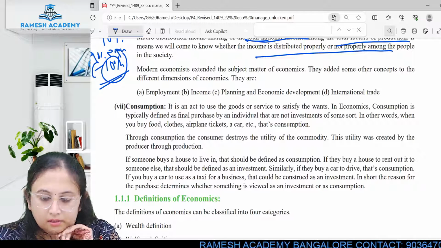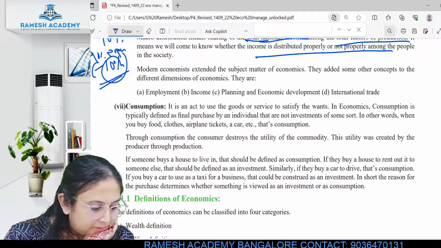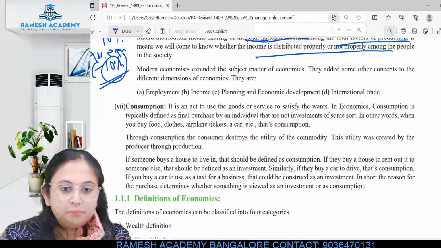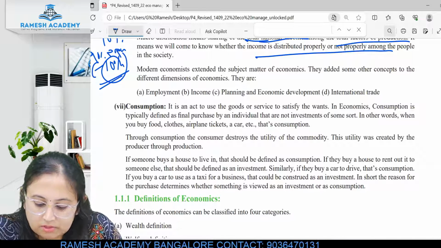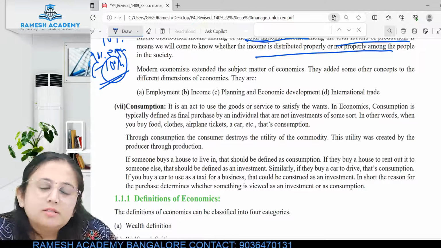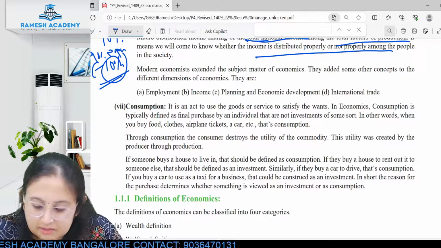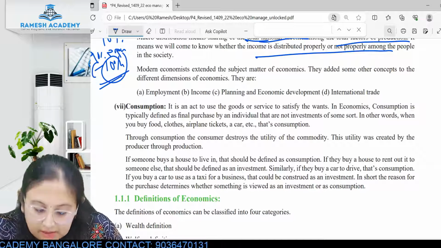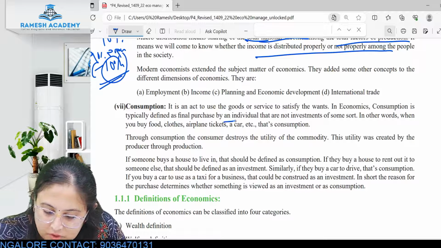Okay, so next is consumption, the last one in the subject matter of economics. Okay, consumption is an act of using the goods or services to satisfy the wants, correct? Now consuming is what? It is just your satisfaction, satisfying your want, that is consumption. So in economics, consumption is typically defined as the final purchase by an individual.